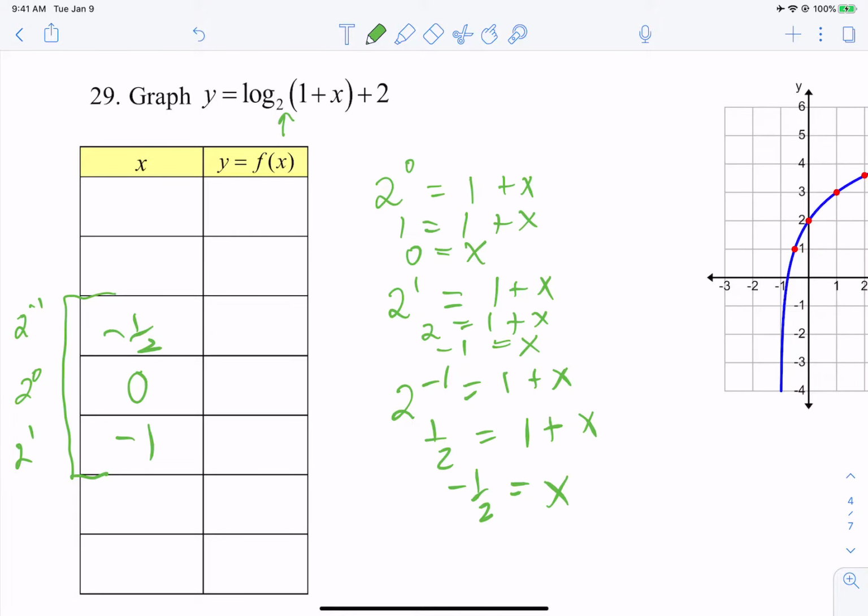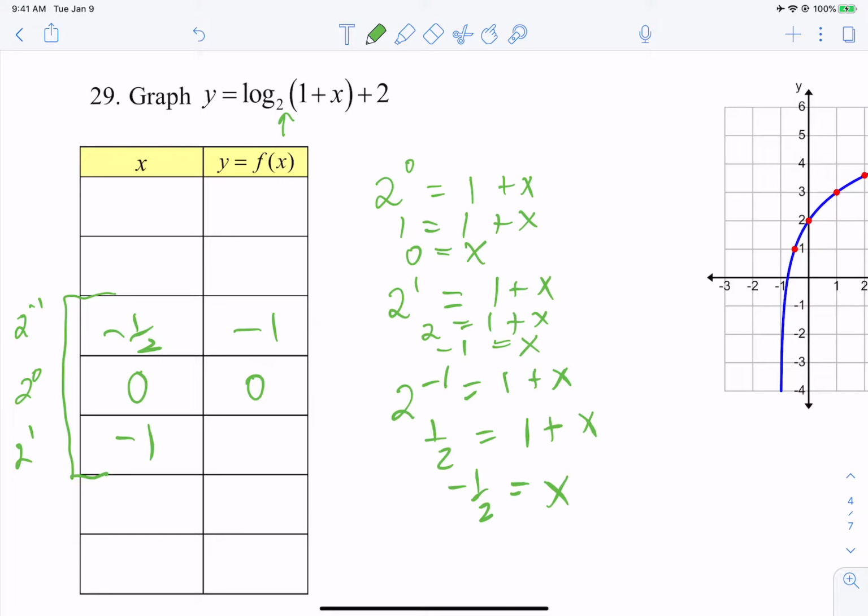So if we plug in negative 1/2, we get inside the parentheses 1/2. What power do I put on a 2 to get 1/2? Negative 1. If I plug in 0, I get 1. What power do I put on a 2 to get a 1? That would be 0.